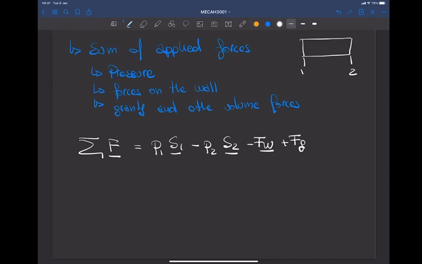Okay, so now you have noticed that I have put some signs. Of course for these signs there is a convention, and the convention is the following. We consider positive the forces that actually do work on the system.